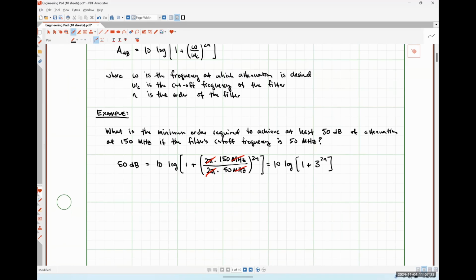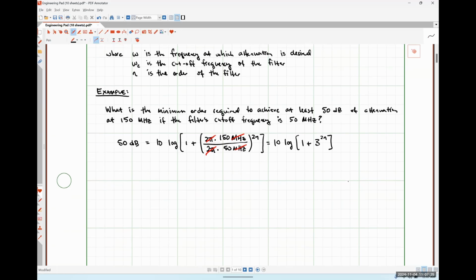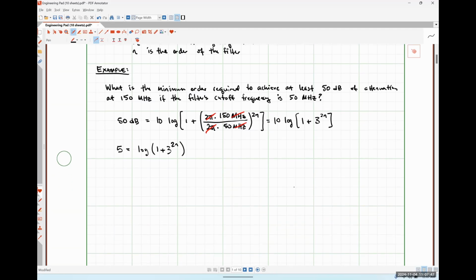So now we've got to rearrange this and solve for n, right? So I could divide both sides by 10, leaving me with 5 is equal to just the log of 1 plus 3 to the 2n. If I do 10 to the on both sides, that's going to get rid of my log.